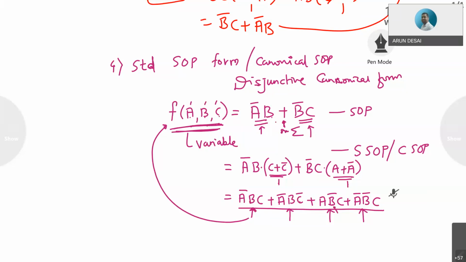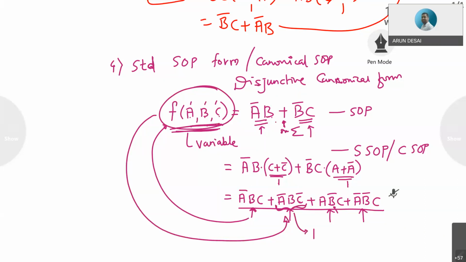And, concentrate on my word, if the variables which are mentioned in the function, all those variables are present in a term either in complement form or in uncomplement form, then that term is called min term.